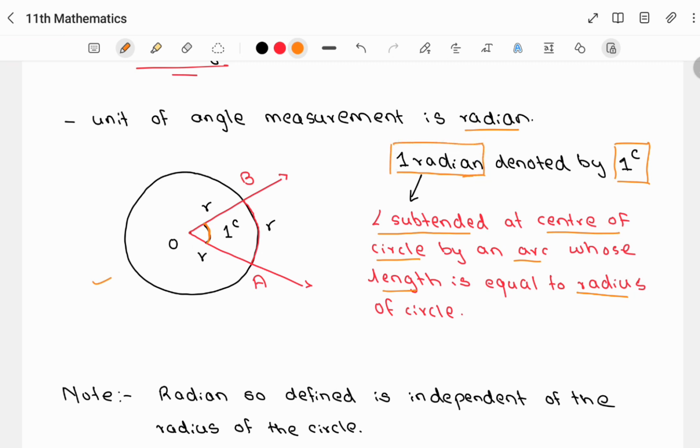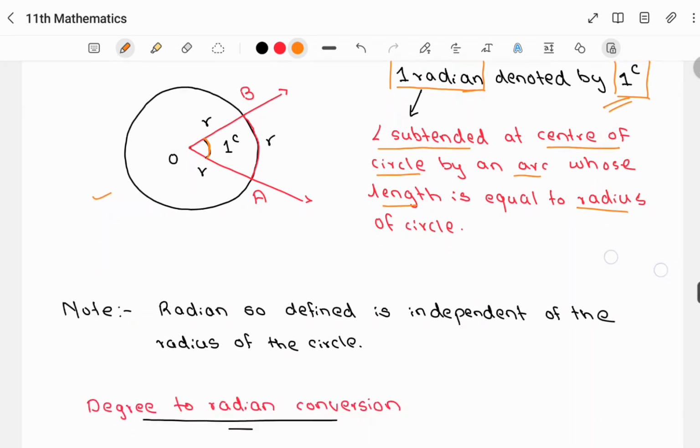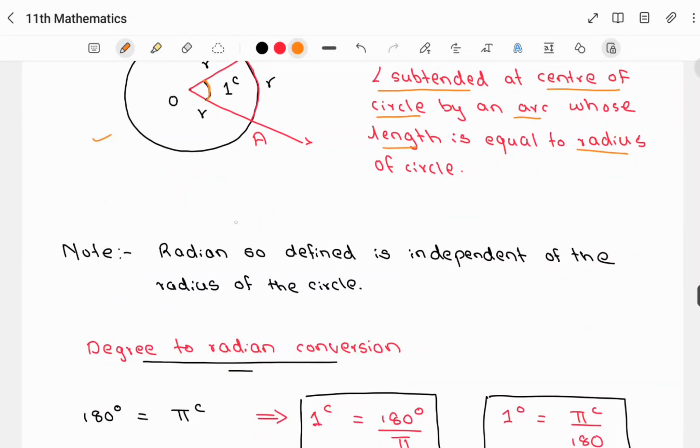So what is 1 radian? It is the angle subtended at the center of the circle by an arc whose length is equal to radius of the circle. Fine. And how do we denote it? 1 superscript c. Now, in this definition of radian, it is important to note that it is independent of the radius of the circle.